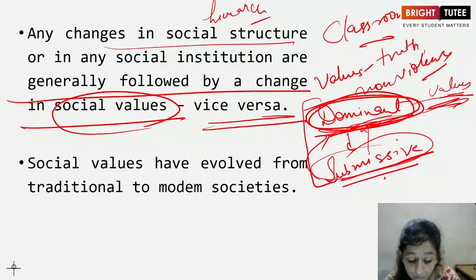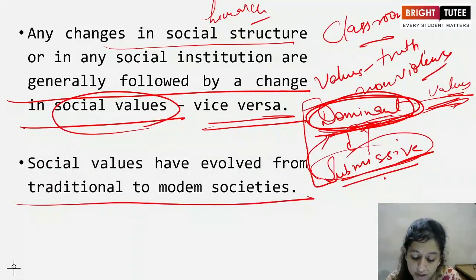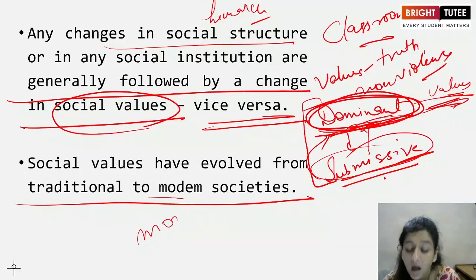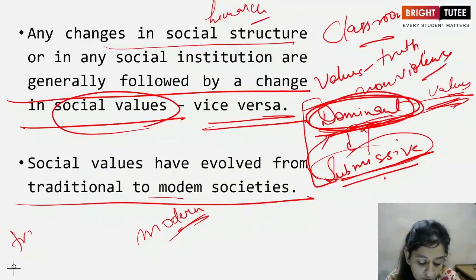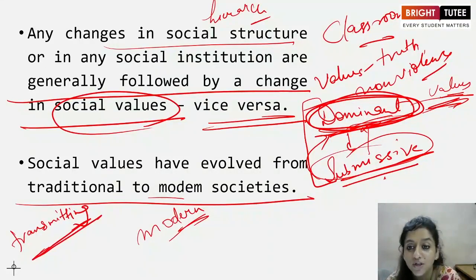Social values have evolved from tradition to modern societies. You have these social values coming from the traditional to the modern societies, wherein you have this aspect of passing on or transmitting these values from generation to generation.